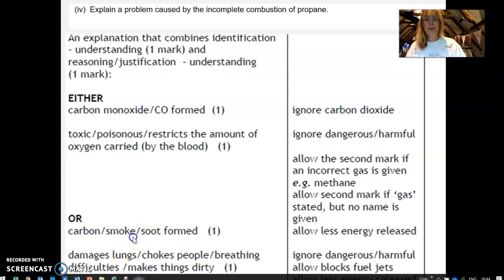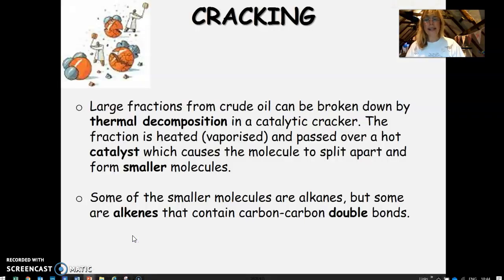Okay, so let's move on to today's lesson. I will tell you when to pause and write down some notes, but first I'm going to explain this to you. So we know that through fractional distillation we get some very, very long chain molecules, and sometimes those long chain molecules are not as useful as the smaller molecules.